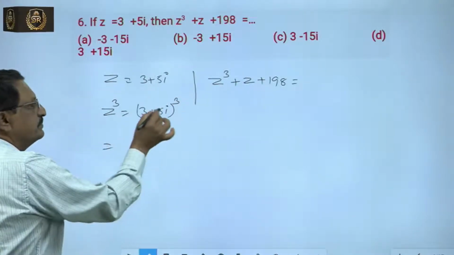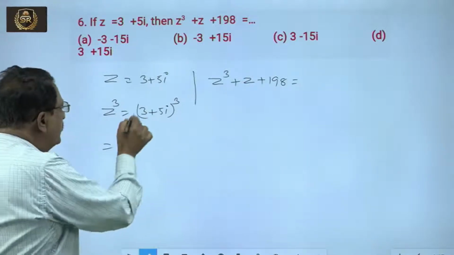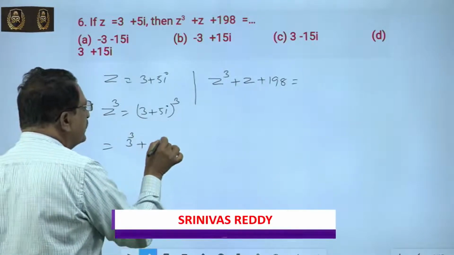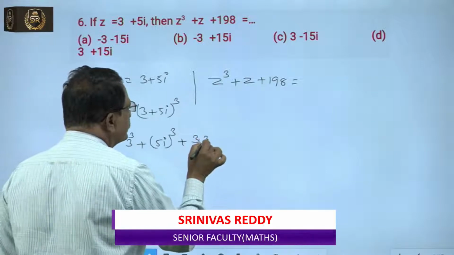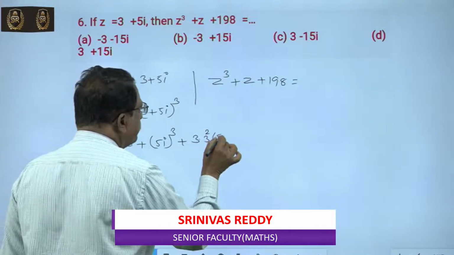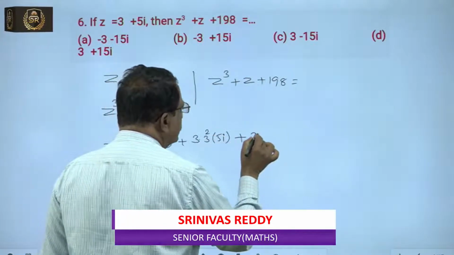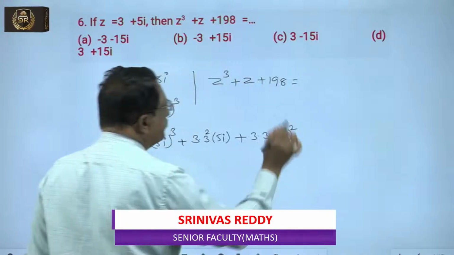Now (a plus b) whole cube expands to a cube plus b cube plus 3a square b plus 3ab square. So we get 3 cube plus (5i) whole cube plus 3 into 3 square into 5i plus 3 into 3 into (5i) whole square.